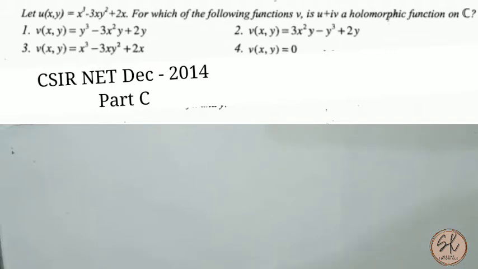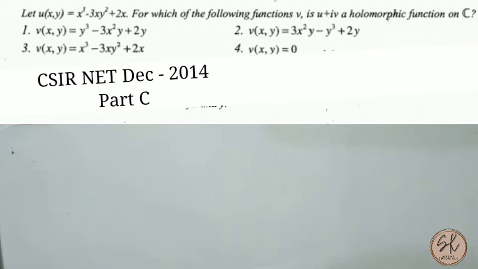So the question is, if u(x,y) is equal to x cube minus 3xy square plus 2x, then for which of the following functions v is u plus iv a holomorphic function on C? Holomorphic function means analytic function.